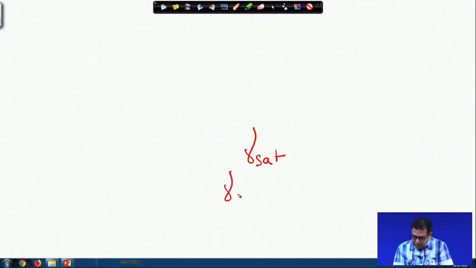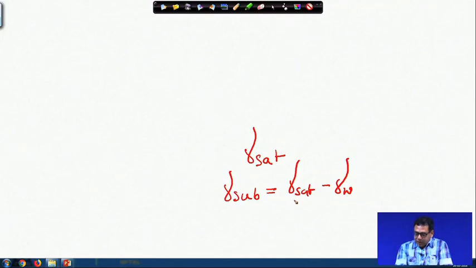Another one is gamma sub, the submerged unit weight, which is gamma sat minus unit weight of water. If the soil is below water, then generally in that case we will use the gamma sub, or the submerged unit weight.